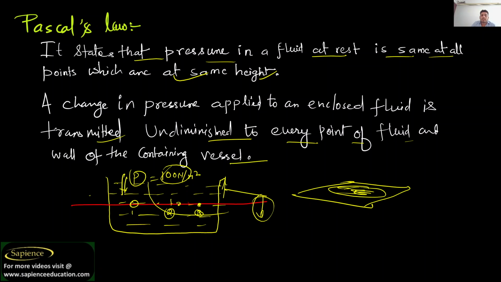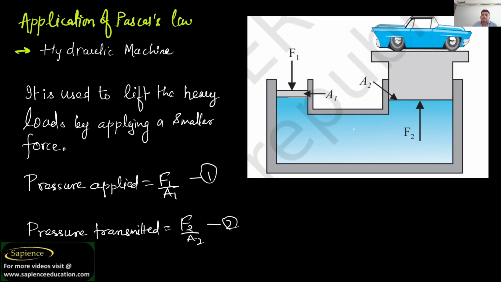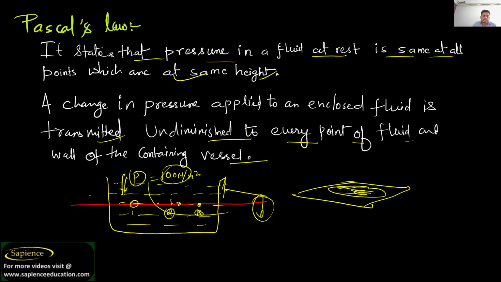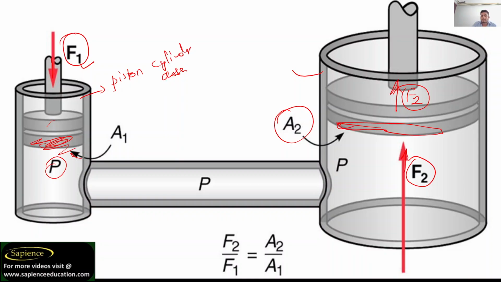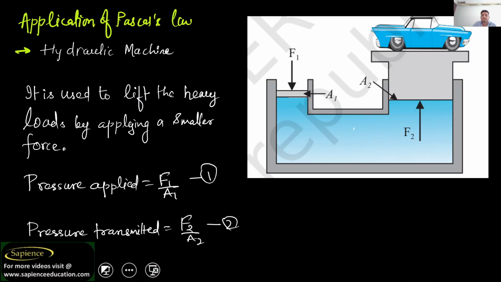Let us go for a calculation now and see how this application works. Suppose this is your hydraulic machine, and it is used to lift a heavy load by applying a smaller force. Suppose this is your car, and the car is being lifted by just a small force applied manually.